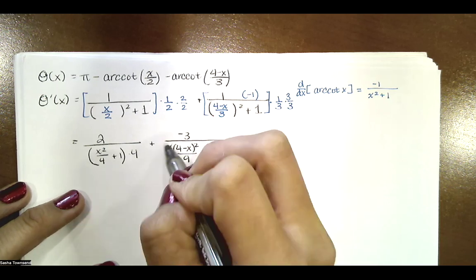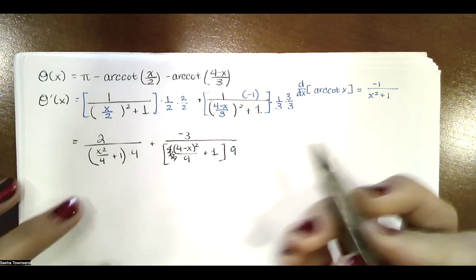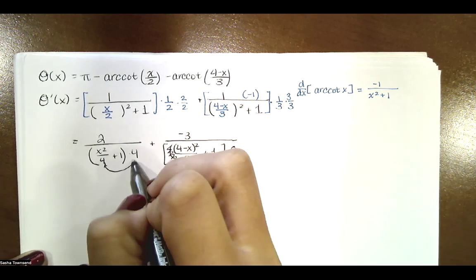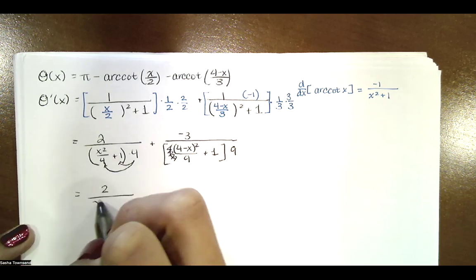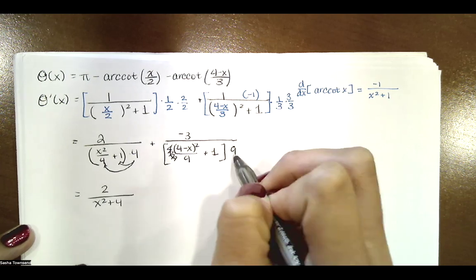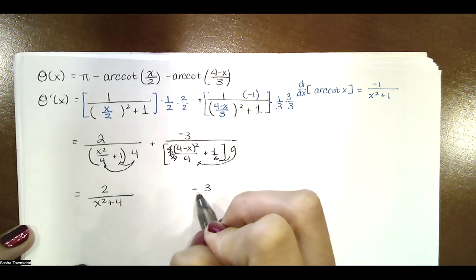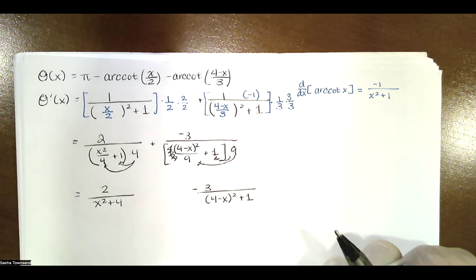Add 1. And then multiply that by 3 times 3, so that's 9. Now, when you distribute the 4 here, the 4's will be cleared there, and you'll have 2 divided by x squared plus 4. And if you distribute the 9 there, we'll have -3 divided by 4 minus x squared plus 1.